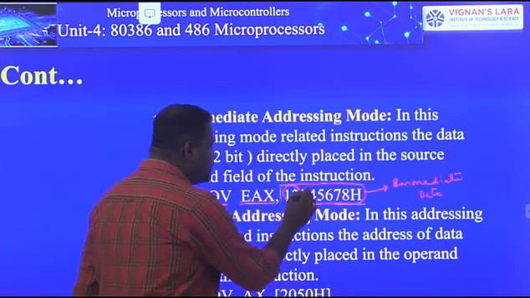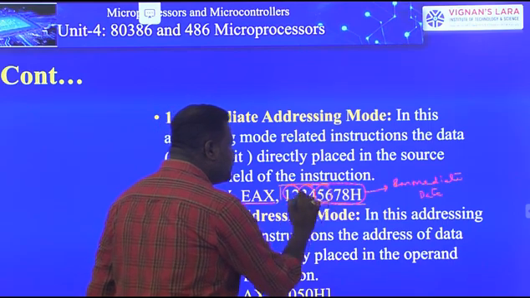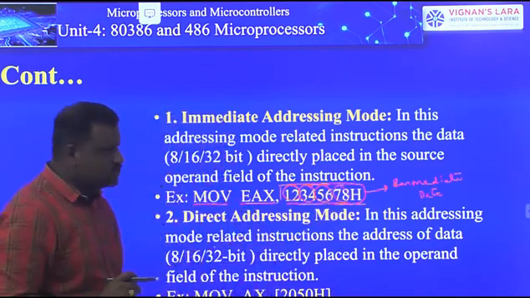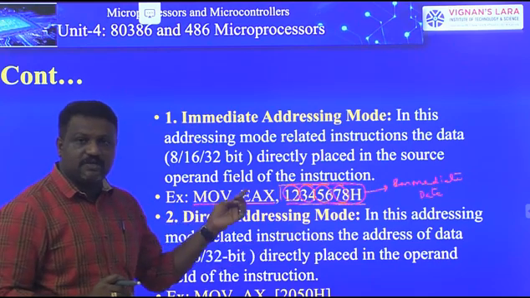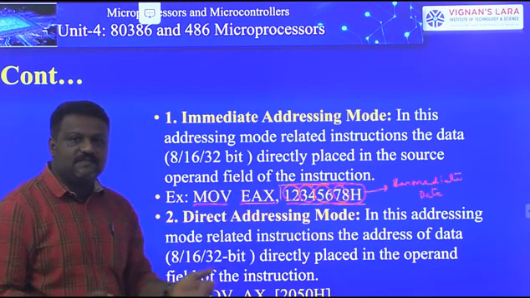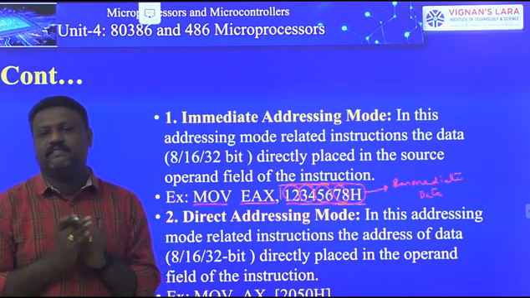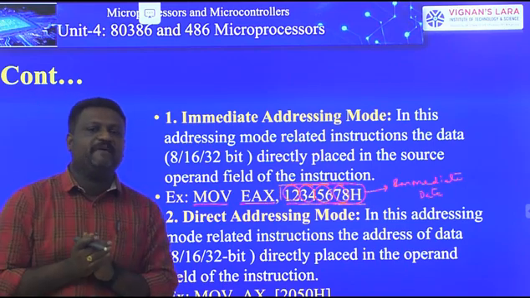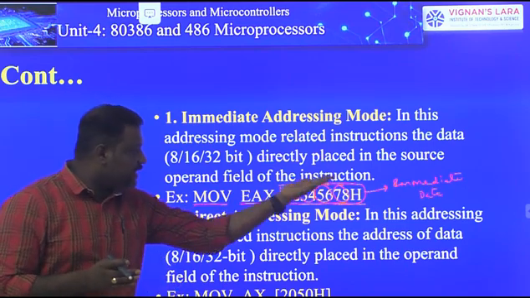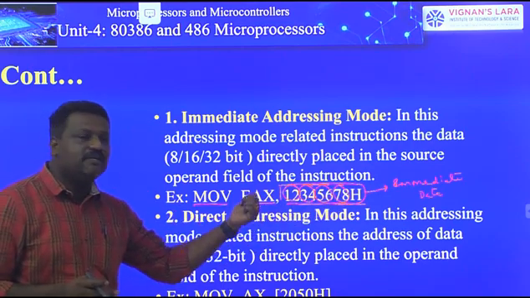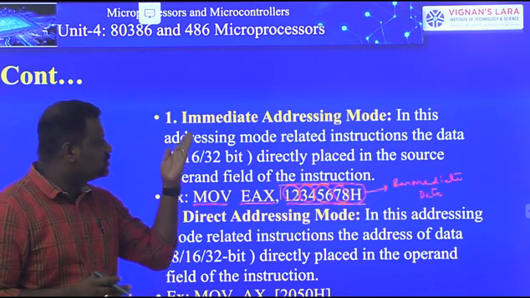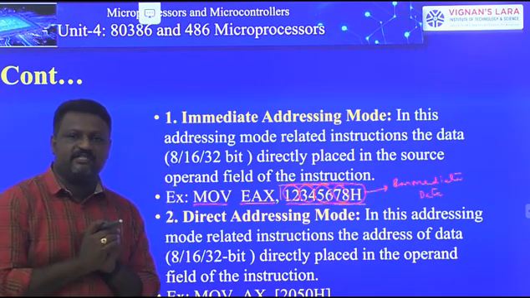This is 1 byte, 2 byte, 3 byte, 4 byte. So this is a 4 byte number directly copied to EAX. We know that the size of EAX is 32 bits, that means a 4 byte register. So this number is directly copied to the destination register EAX. This is immediate addressing.